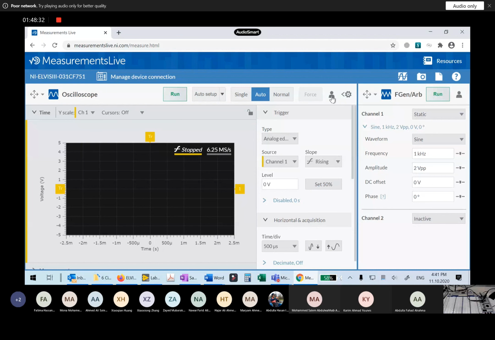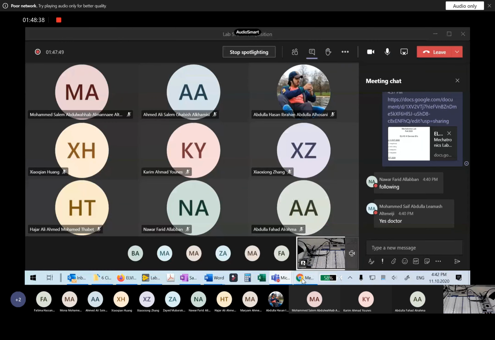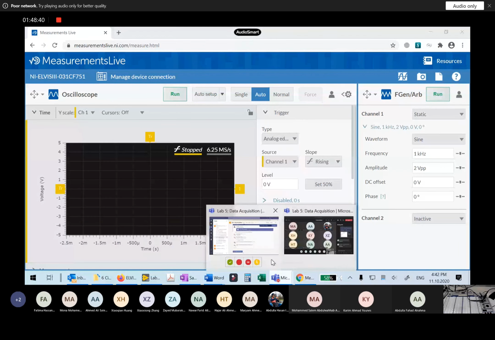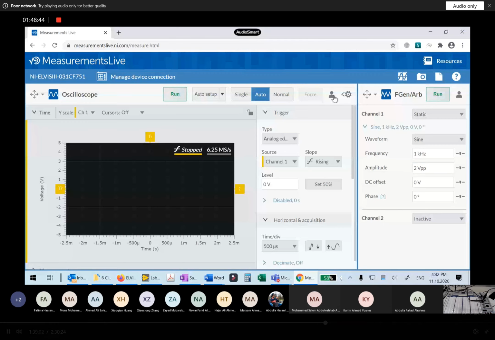Nobody is using them. This means I am the only one active now. Guys, I need someone from your side to access these steps. It's important. I'll show you what happens if multiple users access the same board. So can you please access the first one, device number 1.